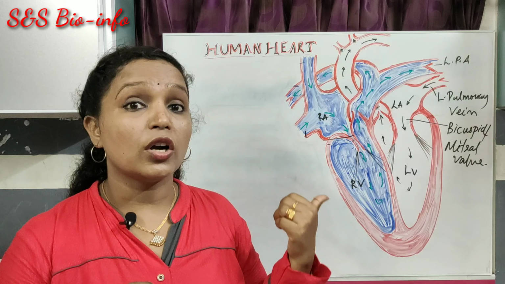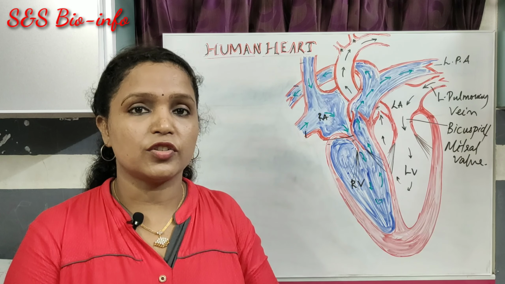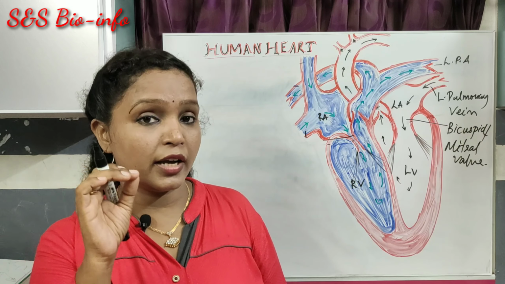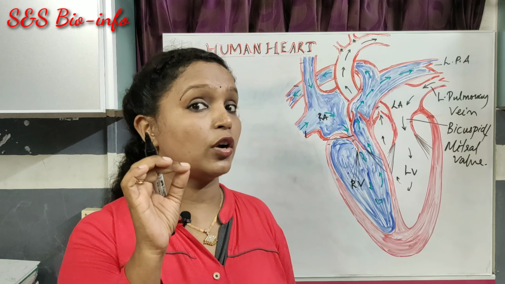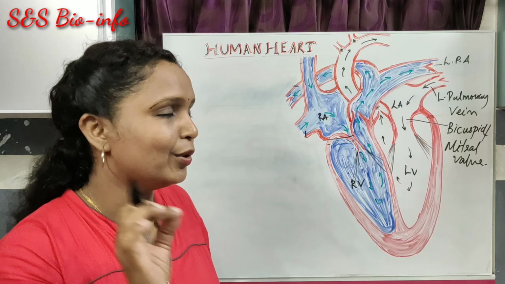I have told you before that the heart is a muscular contractile organ. It is made up of cardiac muscle which is involuntary in nature. Our heart is auto-excitable in nature because it has a specific nodal tissue which is located at the right upper corner of the right atrium. It is known as the sinoatrial node.